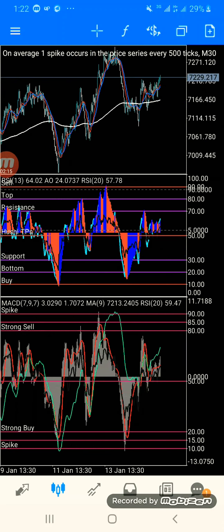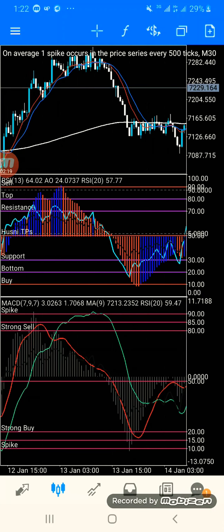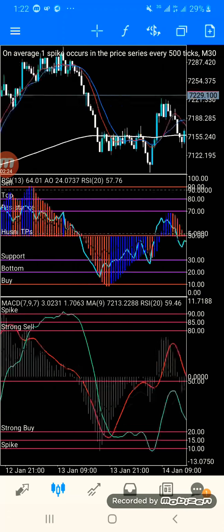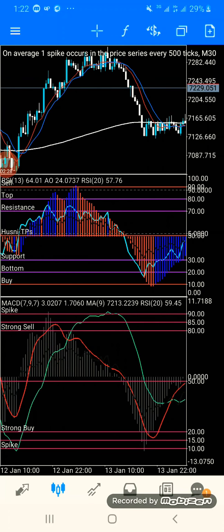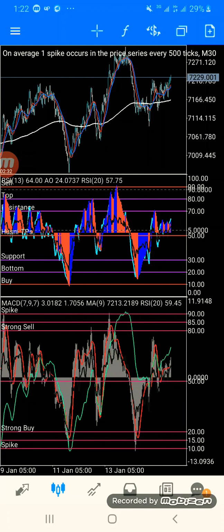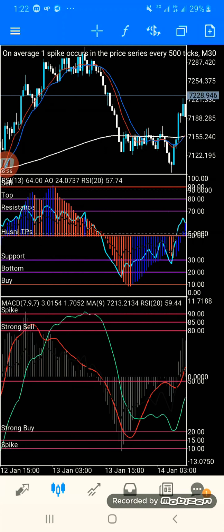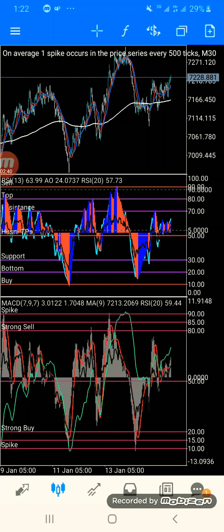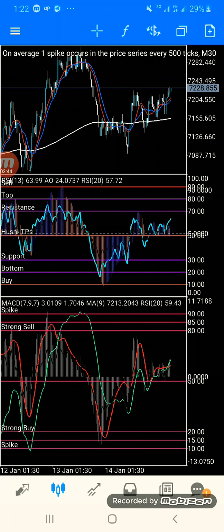What you want is 2. That's what you will trade. So whenever you want to trade, you should take 2. That is what we want to trade.